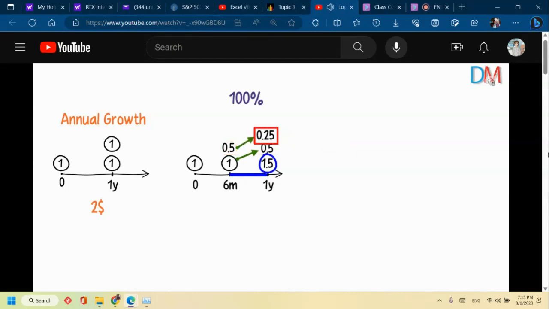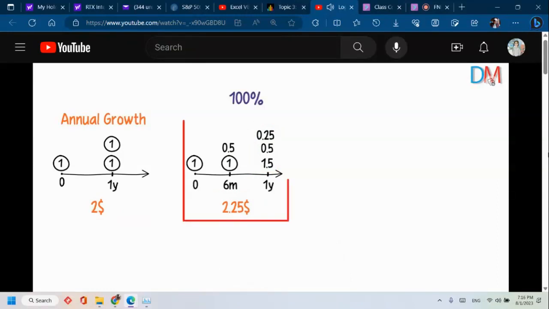That will be 25 cents. This 1.5 is the sum of our original dollar and the 50 cents we made here. So at the end of the year, we have our original dollar, then the 50 cents our original dollar made, and we also have the 25 cents that these 50 cents made. A total of $2.25. This is better than doubling.